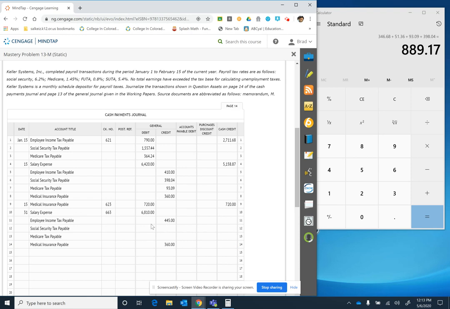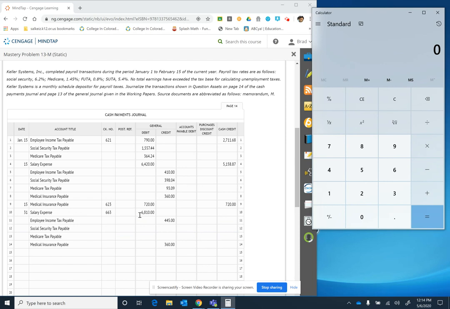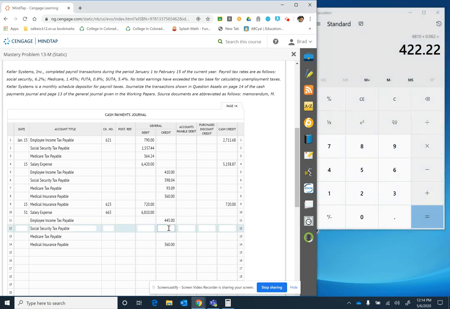So we know what our employee income tax payable is going to be. We know our medical insurance payable. We just have to figure out our Social Security and our Medicare. So again, we'll take our salary expense, $6,810 times 0.062 for our Social Security, and that gives us $422.22.